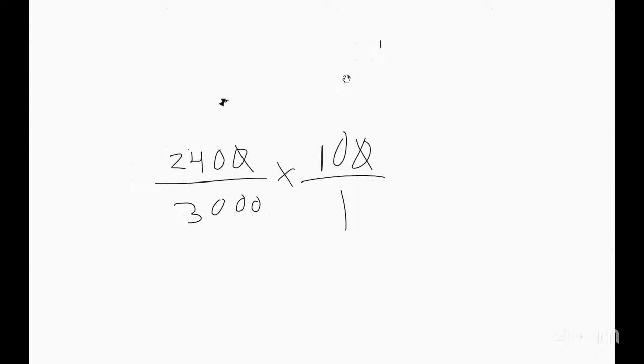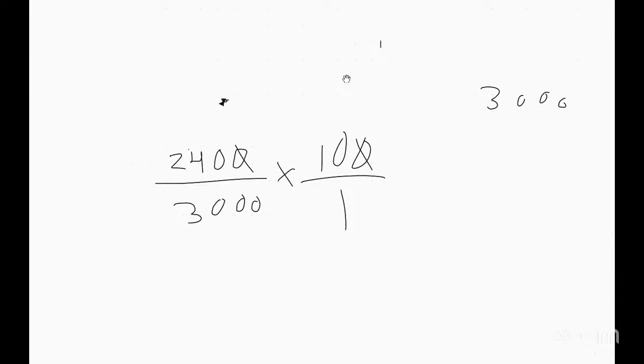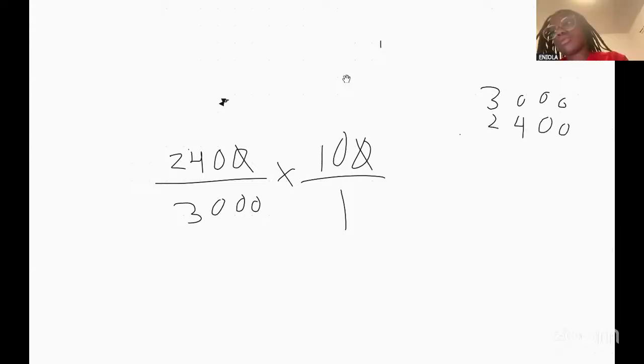What is the amount that was taken out of the original price? 3,000 minus 2,400. Exactly. So it is that 600 now that will be on top of 3,000 times 100 over 1.